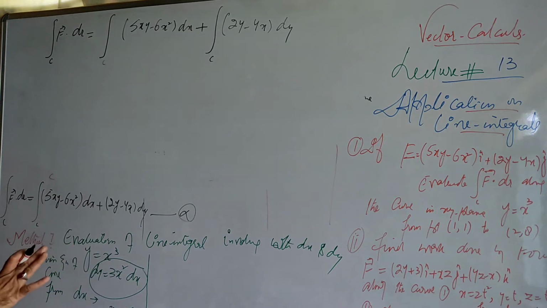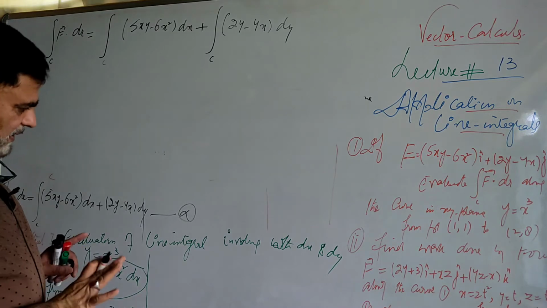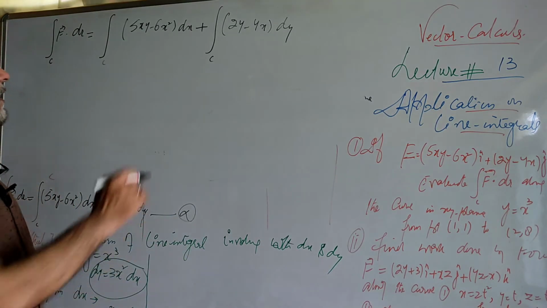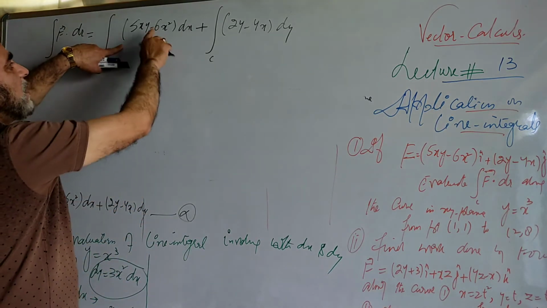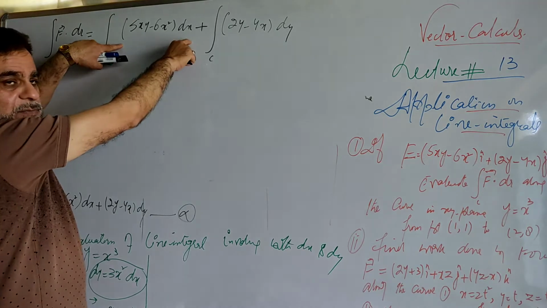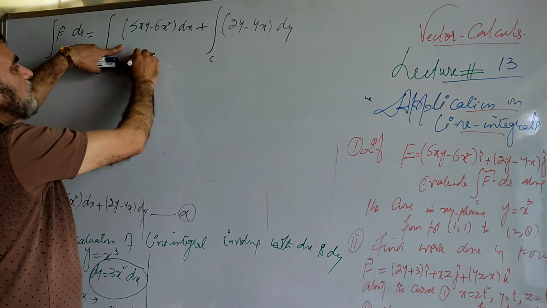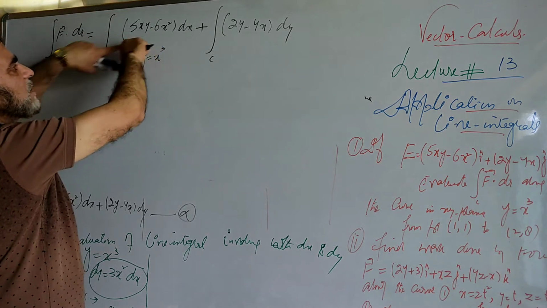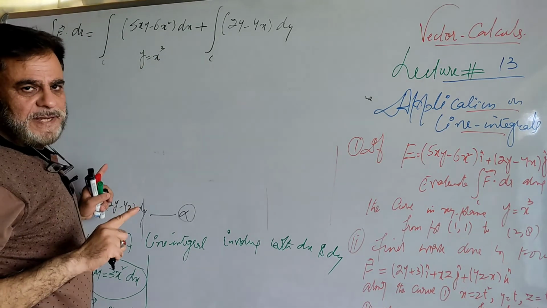In the first method I have described here, I will evaluate the line integral involving both dx and dy. So I will keep here dx. If I evaluate this in terms of dx only, I have to replace y by x cube. When you replace y by x cube, the whole integral will be in terms of x.